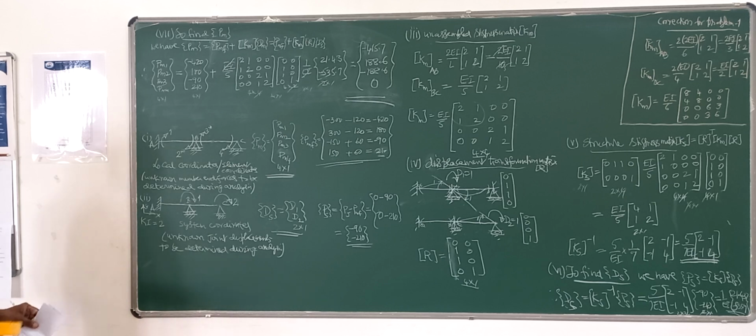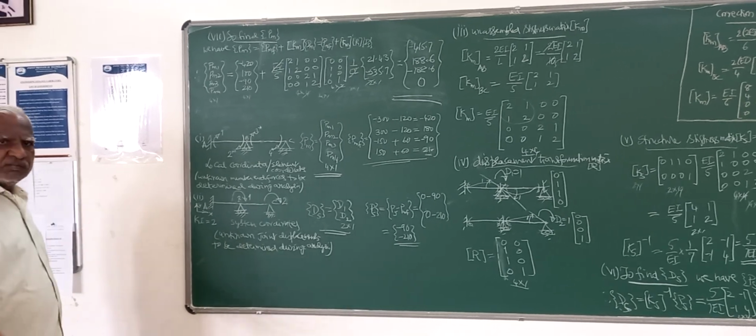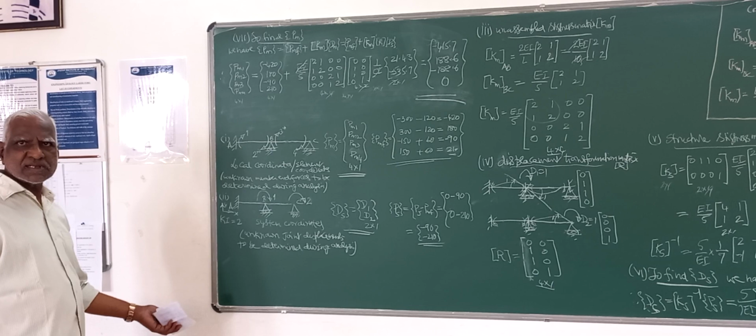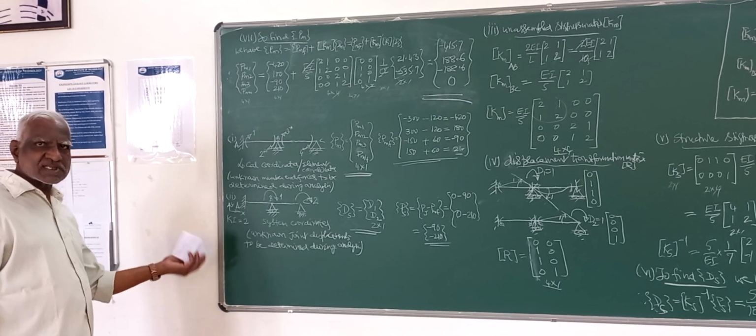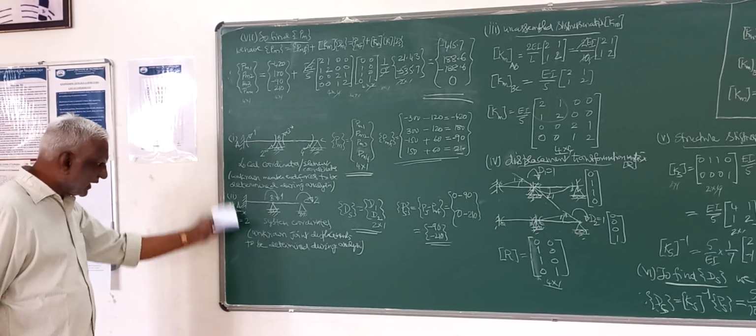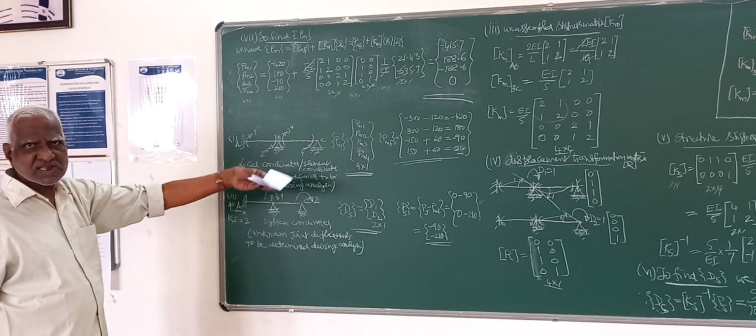So with this, the analysis of beams, both when they are subjected to gravity load as well as settlement of support, is completed. Next, we will take up analysis of truss. One truss problem we will do. That same truss we took for analysis by the flexibility method, that same problem we will analyze, again following the same 7 steps.